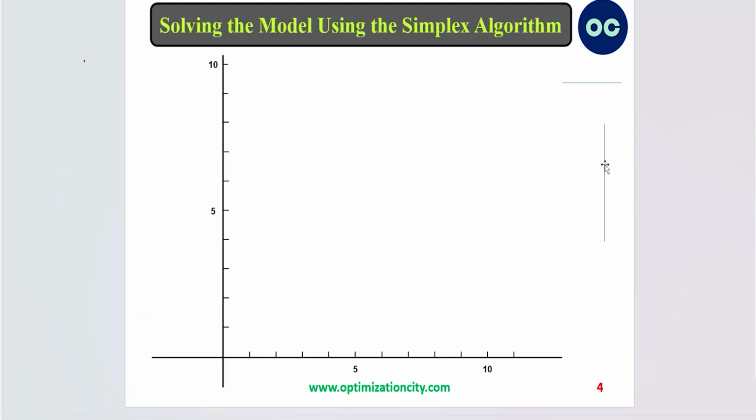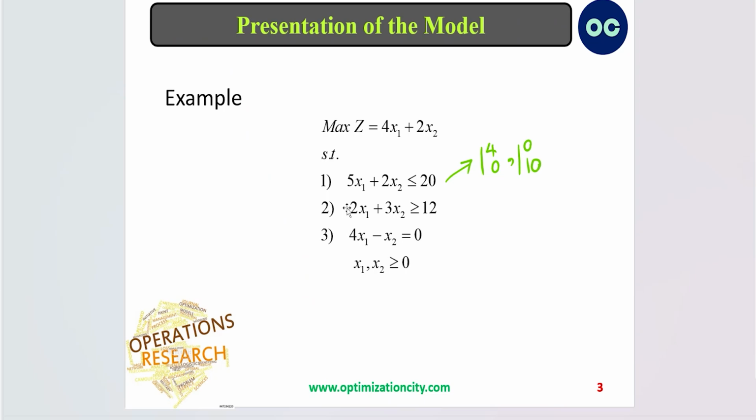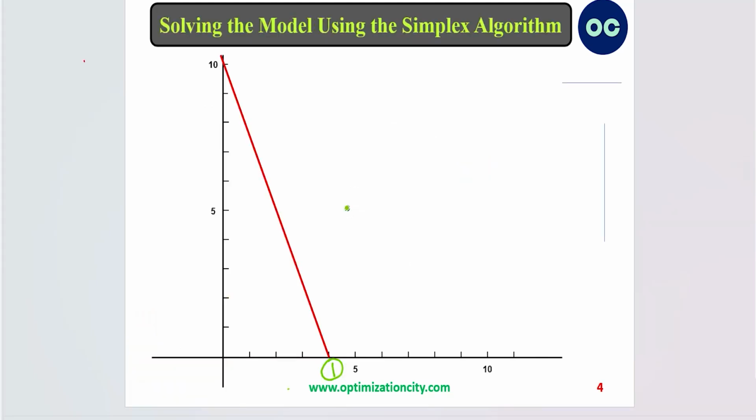Okay, we plot here 4, 0, and 0, 10. This is the first constraint. Since the origin, 0 and 0, satisfies this constraint because 0 plus 0 is less than 20, the area below this line is a part of the feasible region.